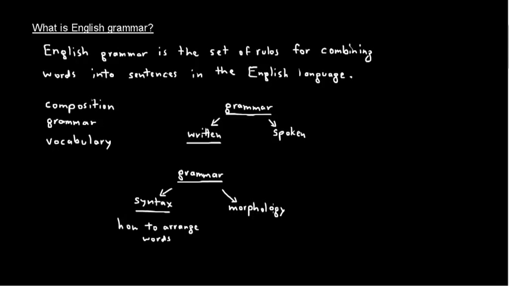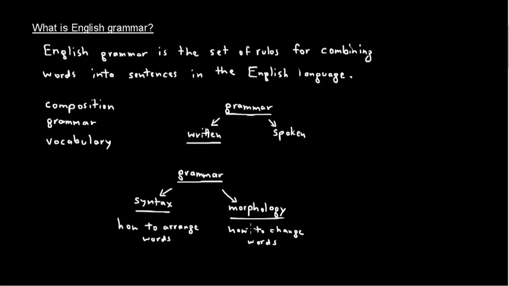And morph means to change. It's actually a word that's becoming more popular now than it was when I was a kid, so a lot of people know what morph means. But it means to change, and it's how to change words when you're building a sentence. Okay, and we're going to study both of those.